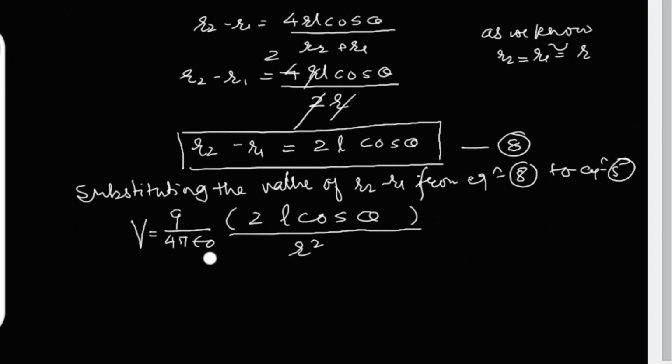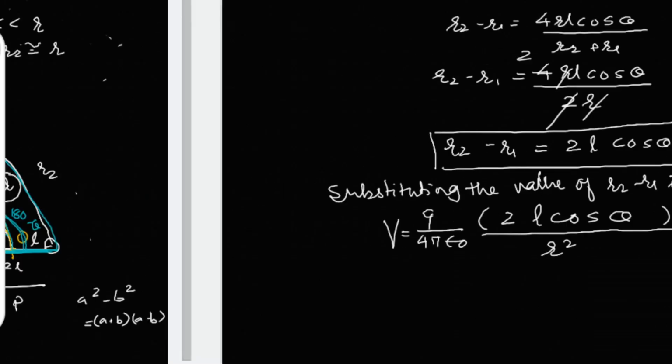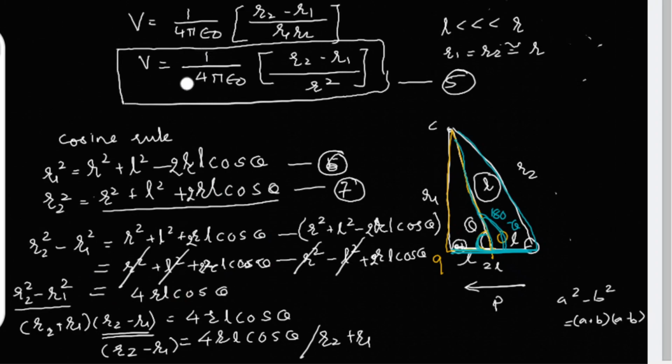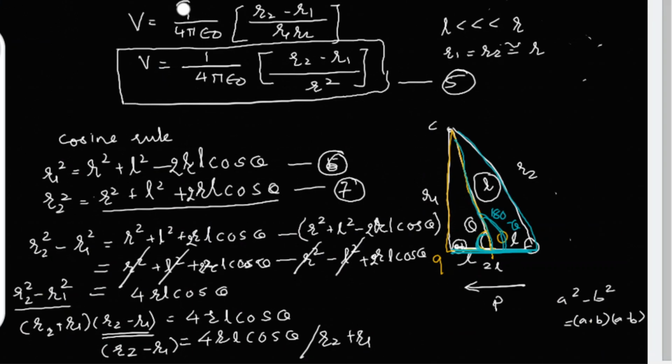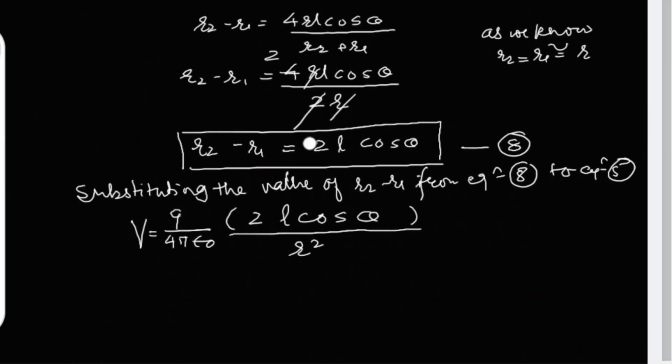Oh yeah, here it should be q, we missed that constant. So here now I'll write q upon 4 pi epsilon 0, and this value.